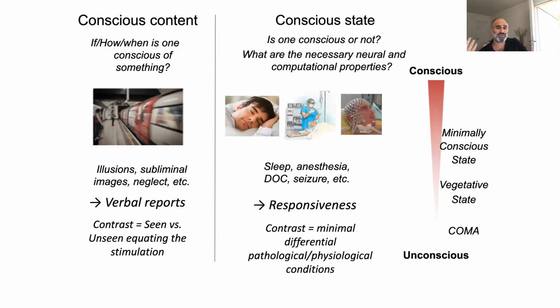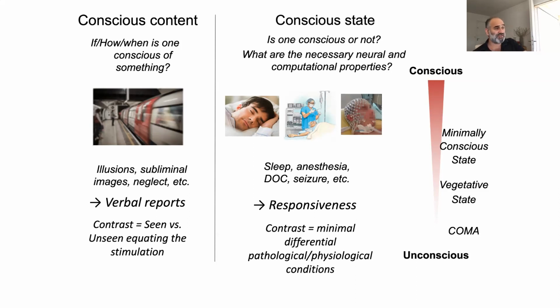This is an important question in some clinical conditions such as sleep, which is normal, anesthesia, which is induced, or the pathological condition called disorders of consciousness. In this case, what we measure is responsiveness, which is basically the capacity of the subject to say to us, yes, I'm aware, yes, I can see you, or I can have a conscious experience.